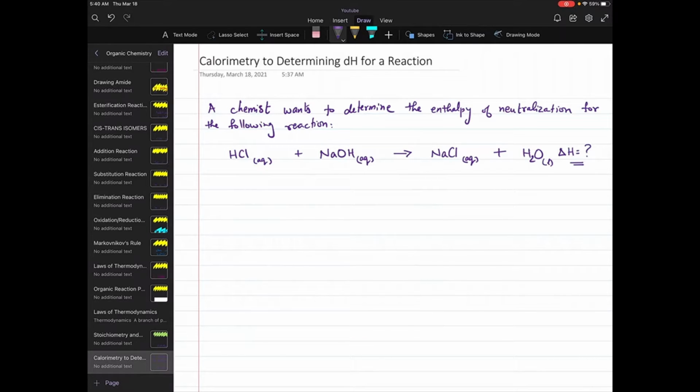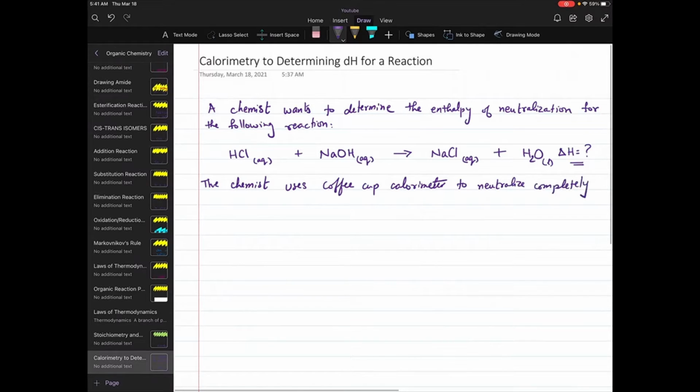So next, it keeps on going. The question continues and says the chemist uses a coffee cup calorimeter to neutralize completely 61.1 milliliters of 0.543 moles per liter.